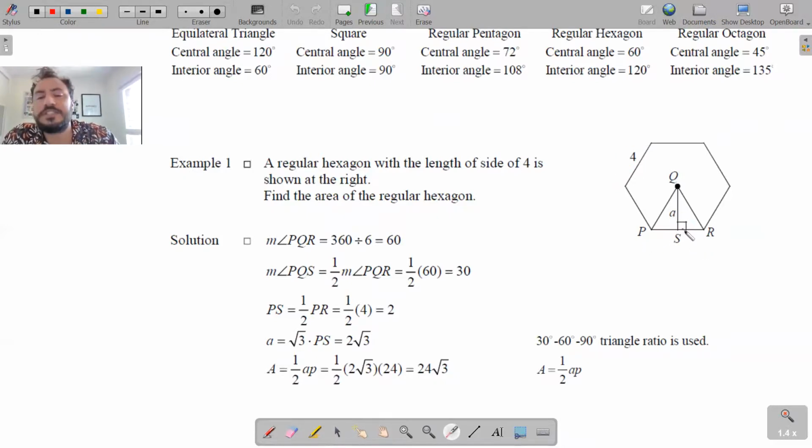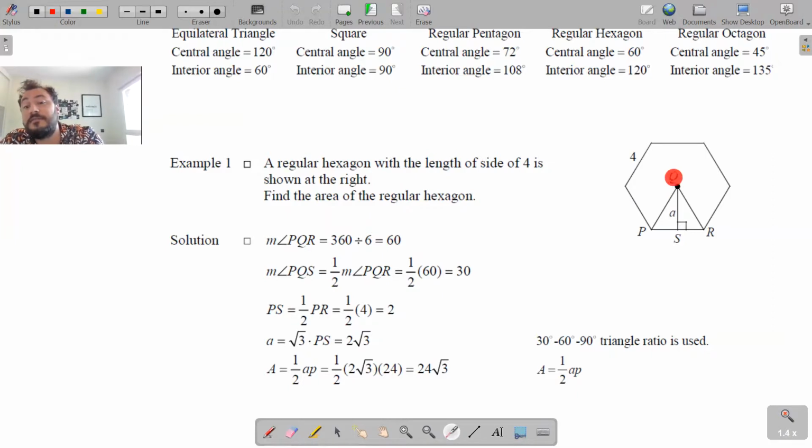We know that this angle is 90 degrees, right? That means that I can divide this one by 6 to get 60 degrees for PQR, which is going to be this angle.